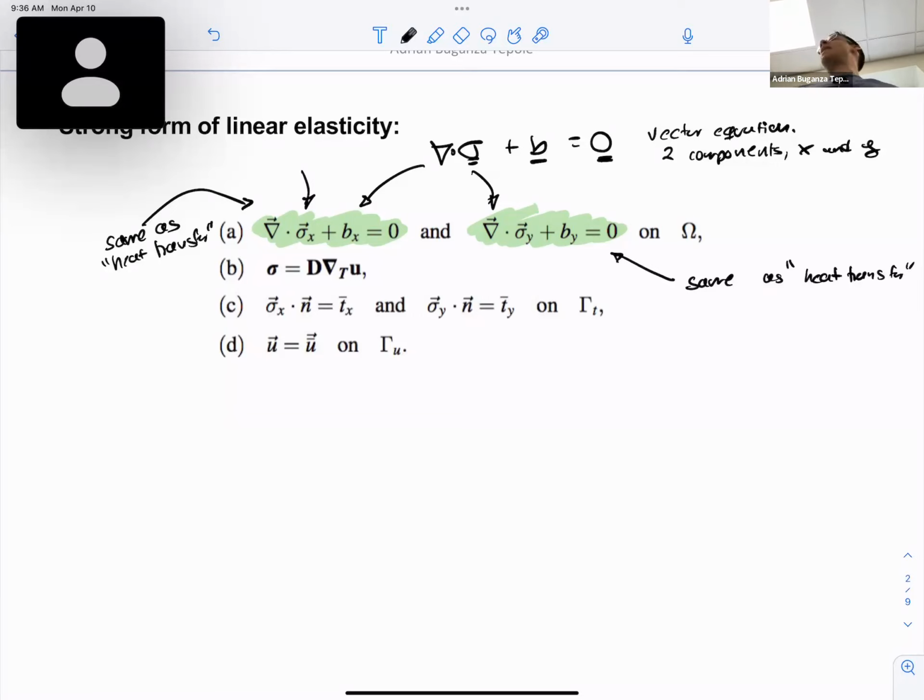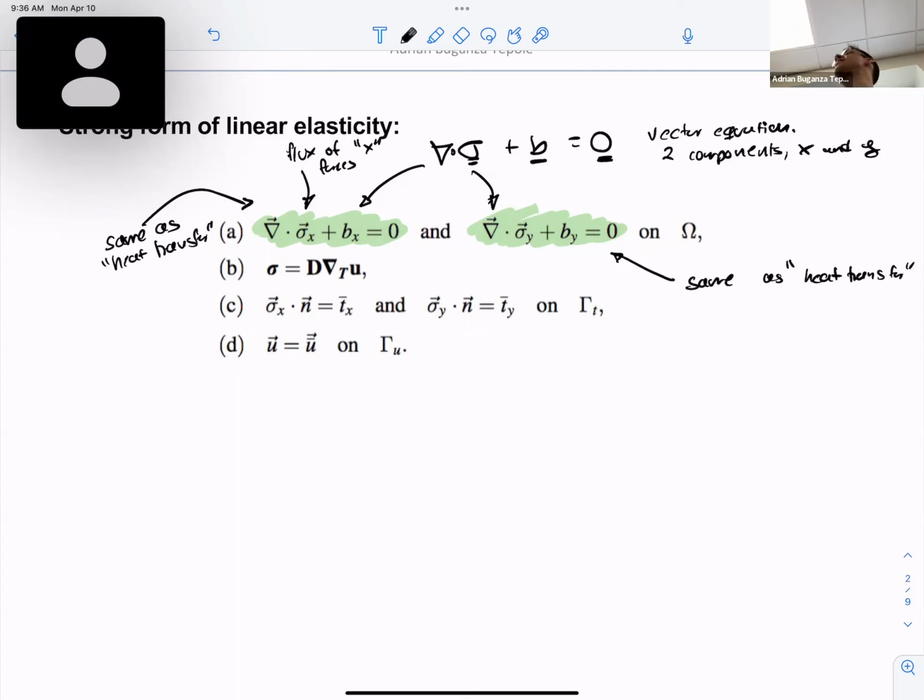So this sigma x, the x vector of the stress tensor or the stress matrix, is basically flux of forces. You can think of this as sort of flux of forces for the x direction, flux of the x component of the force. And this bx, you can think of it as a source of forces, like gravity.